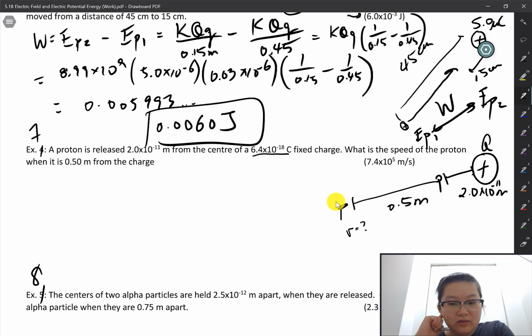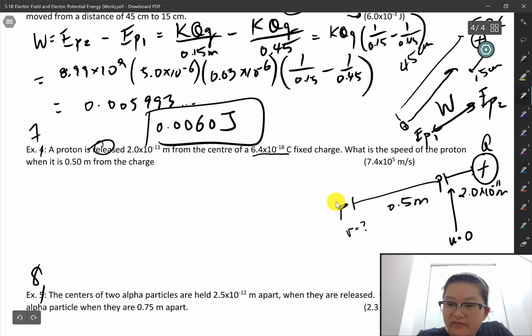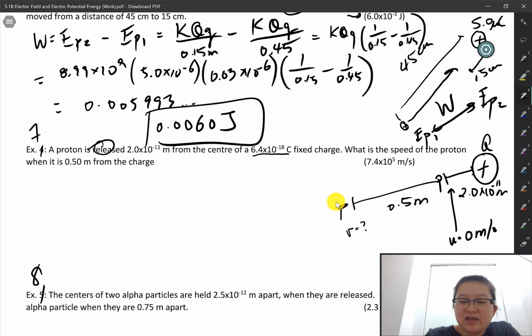Okay, so that's kind of like a conservation of energy, in which the amount of potential energy lost by the proton will get converted into kinetic energy of the proton. So since the proton is released at this point, the proton starts off with 0 meters per second of speed. And it's going to gain speed all the way up to 0.5 meters away. Oh, whoops, sorry.